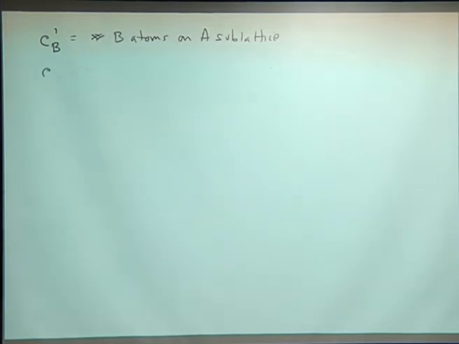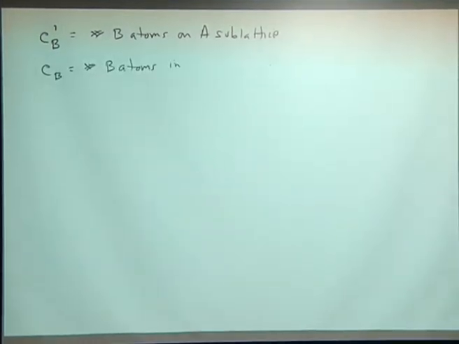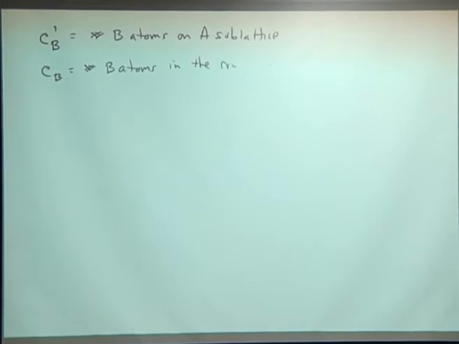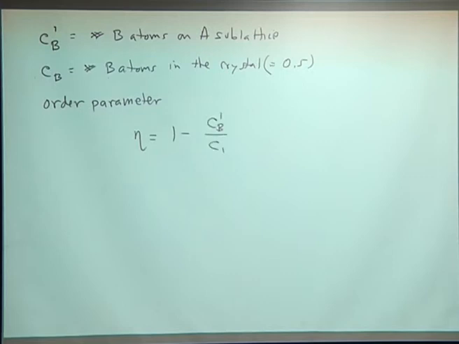And we're going to have CB equal to a half in this case. And so you can define an order parameter, which I'll call eta, 1 minus CB1 over CB, okay?